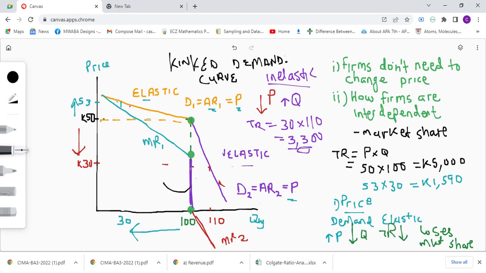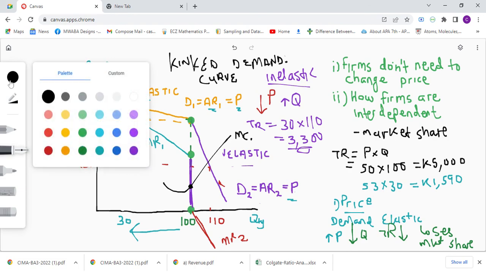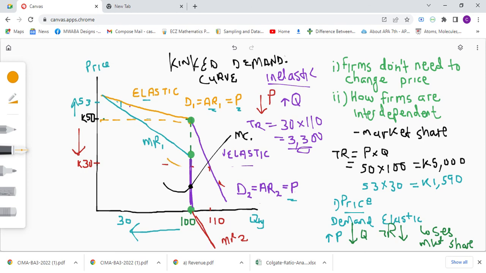Remember, put here MC1. Profit maximizing firms produce at the point where marginal revenue equals marginal cost. So let's say costs of supply increase, we have an increase in supply. Firms still do not need to change their price. They will still charge the same price, which is 50 kwacha, and still produce and still have the same demand, which is 100.